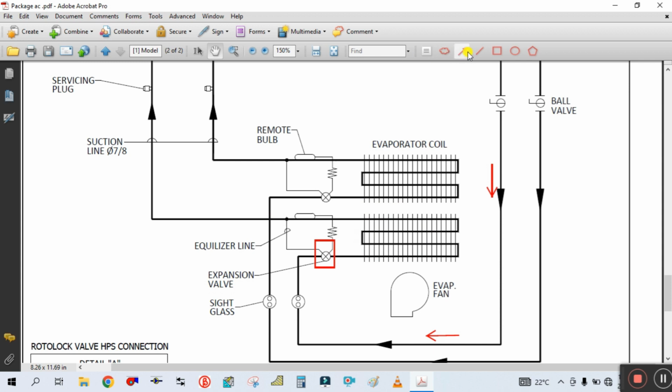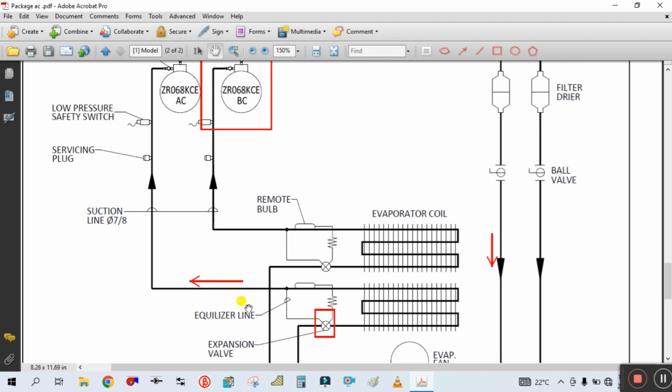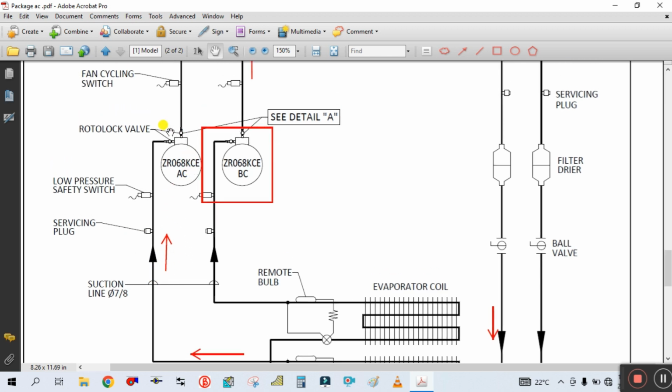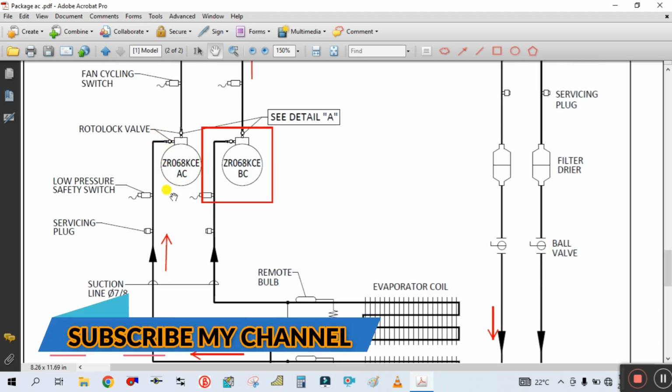This low temperature and low pressure vapor refrigerant will pass from the discharge line of this evaporator coil, which we can also say is the suction line, and enter this compressor through this suction line.